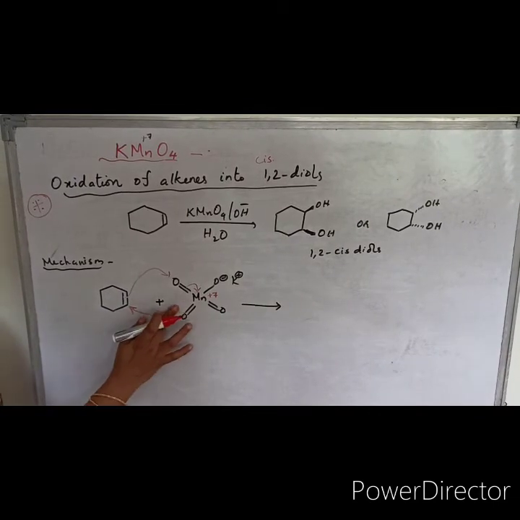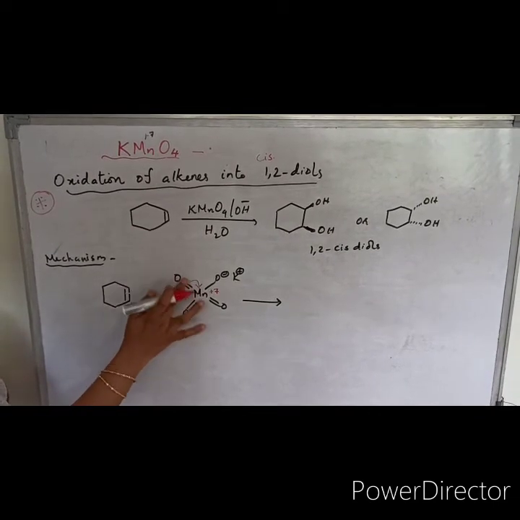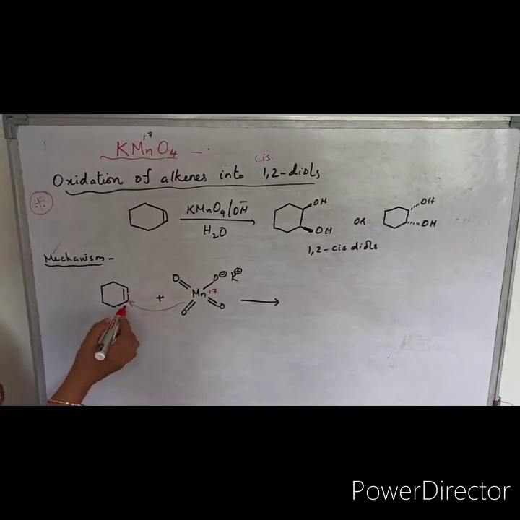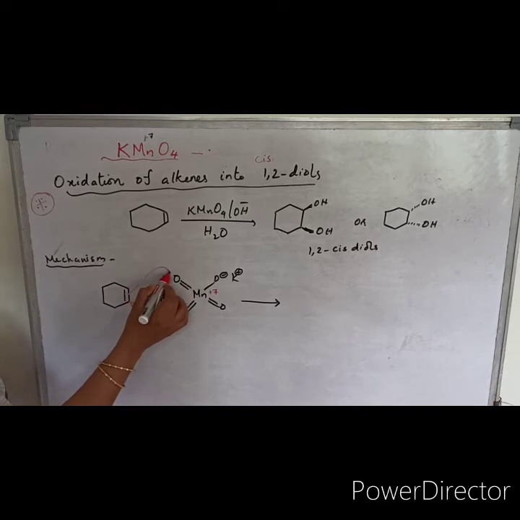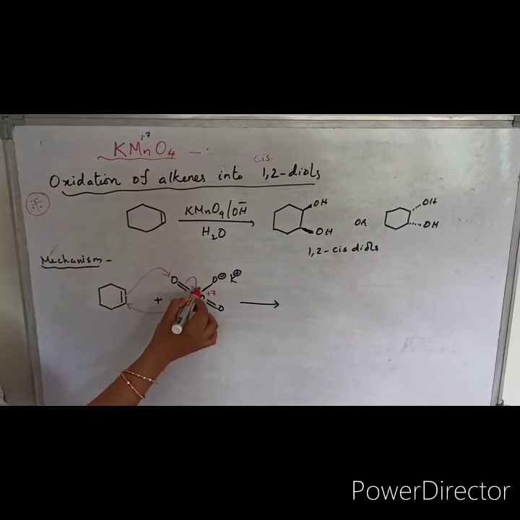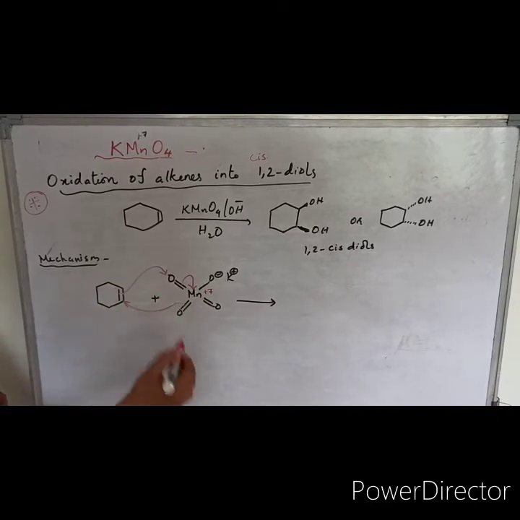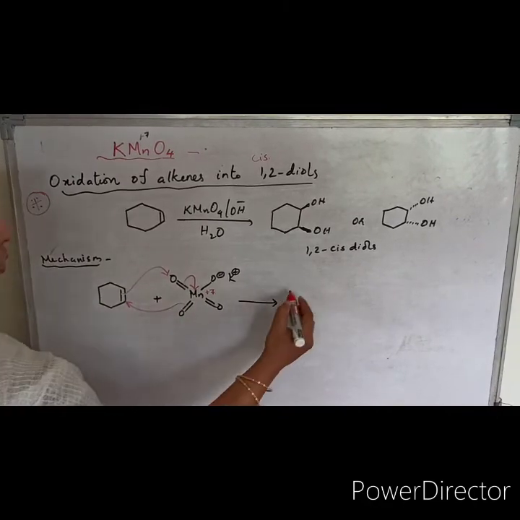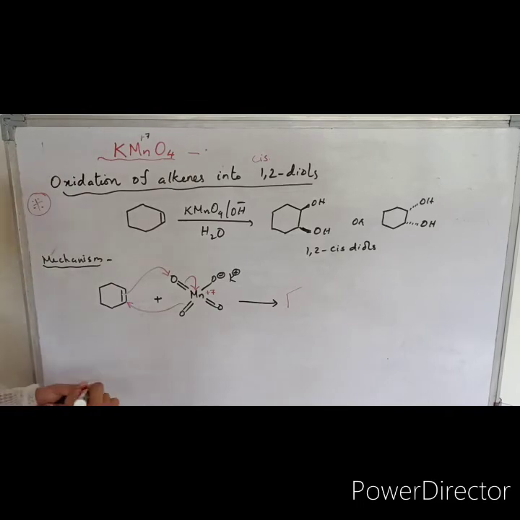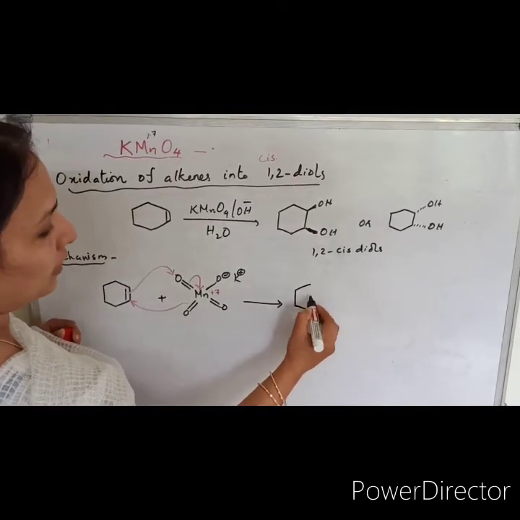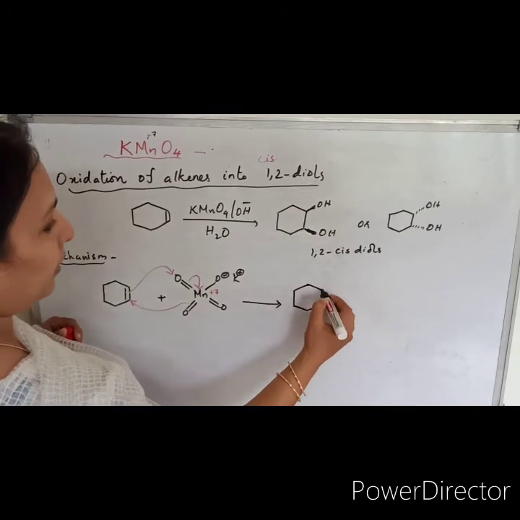Or you can start from this side. This pi bond will be attacking our alkene carbon. This will be shifting here and this pi bond will be going as a lone pair into the Mn's d orbital. So you can write the cyclic manganese ester. This is the cyclohexane ring.